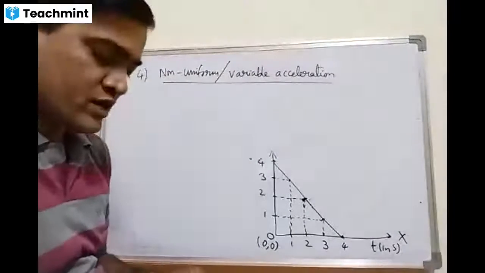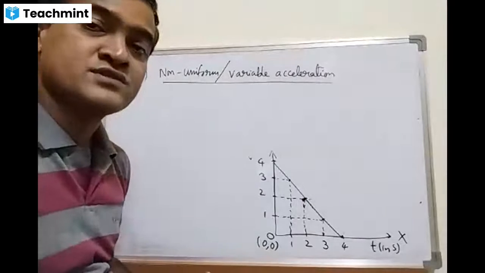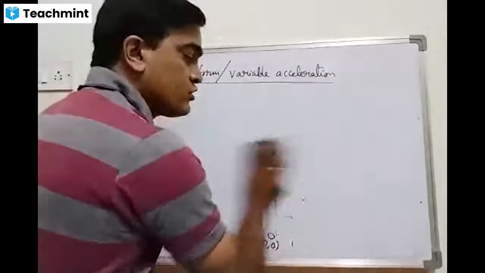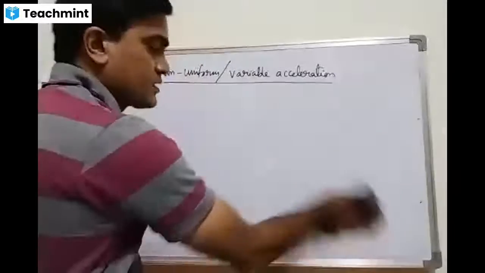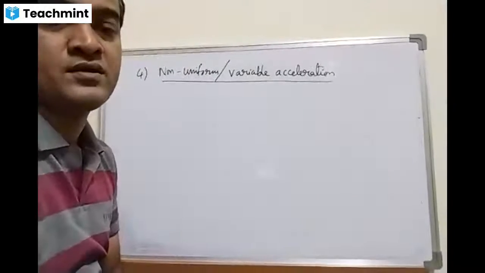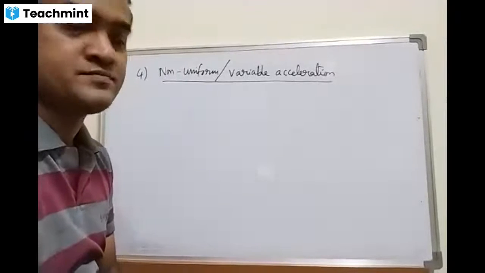Just recall once what you have drawn for non-uniform velocity or variable velocity. How did you get the graph? You got the graph as a curve, not a straight line. Not a straight line, right?